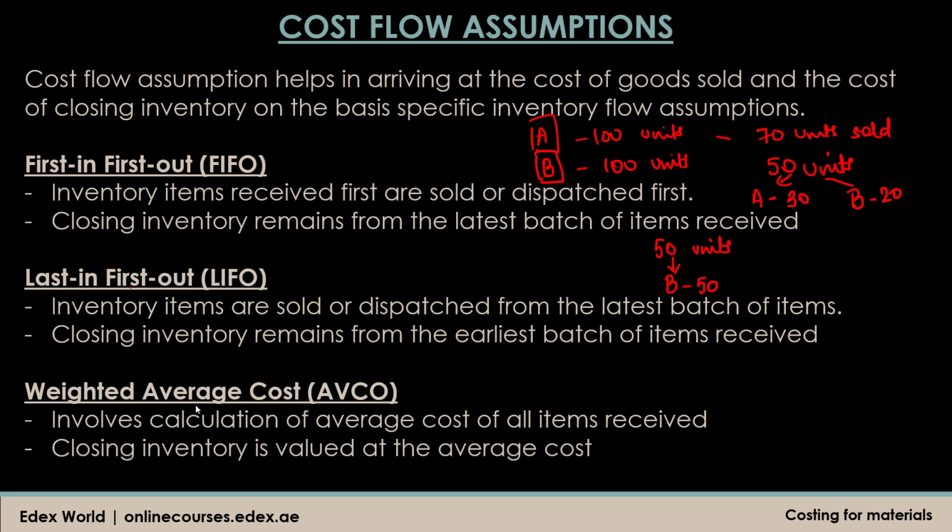In that case, they can follow the weighted average cost method. The weighted average cost of all the batches is taken, and it is assumed that the issues or sales are from all the batches on a weighted average basis, and even the closing inventory that remains at the end will be valued at the weighted average cost. We will understand these situations with the help of examples.